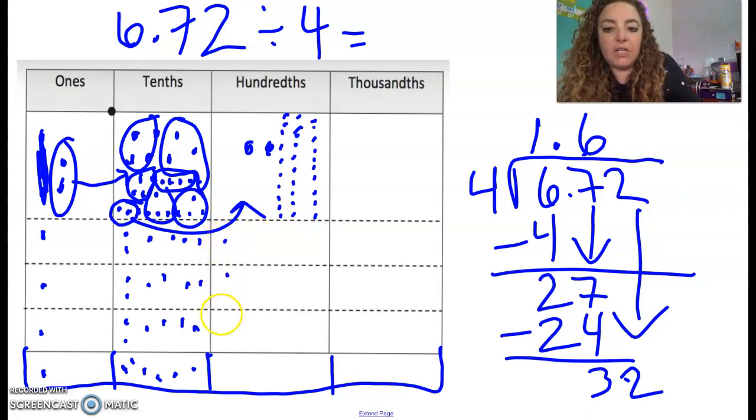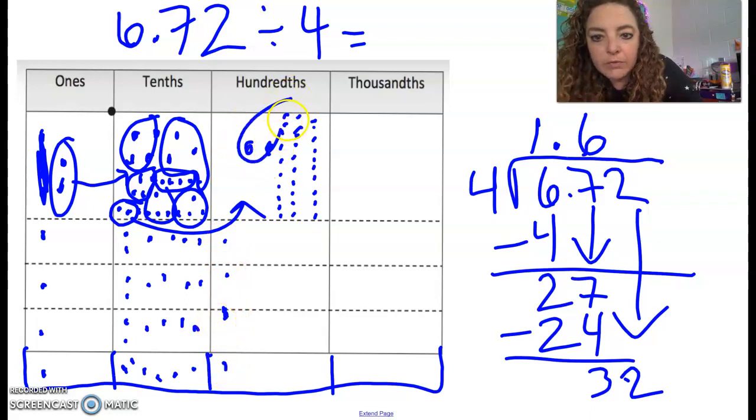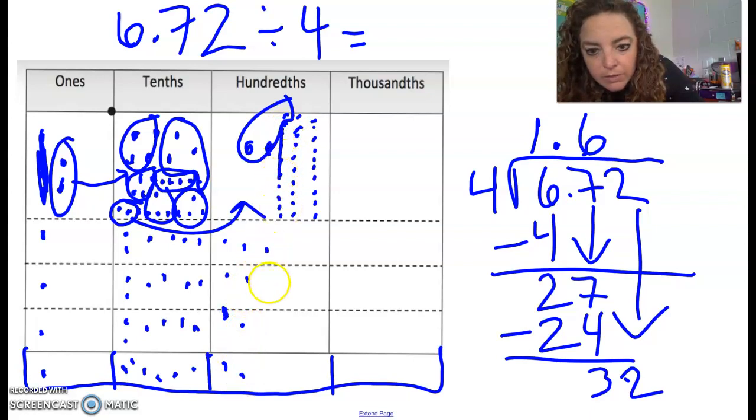So each time I'm going to do groups of 4, right? So I have this group of 4 here, and I'm just going to keep going with this method where I'm using up 4. 1, 2, 3, 4. 1, 2, 3, 4. 1, 2, 3, 4. 1, 2, 3, 4.